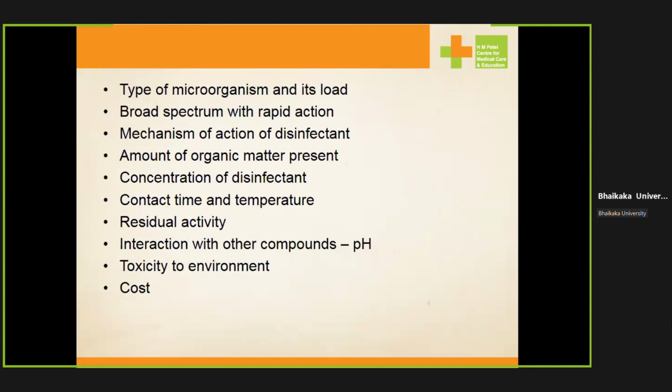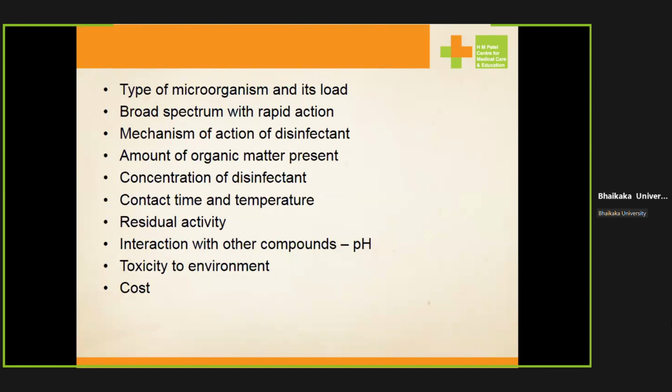I want a disinfectant which can cover the majority of microorganisms and should also have a rapid action, which means it should not take lots of time to kill microorganisms because then it is of no use. How this disinfectant actually acts on microorganisms is also a factor that will contribute to your selection.